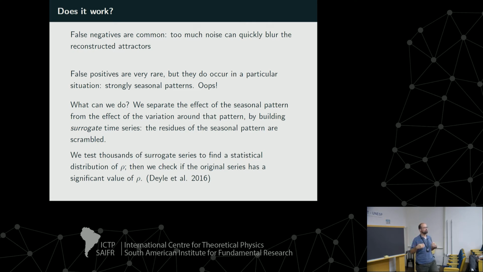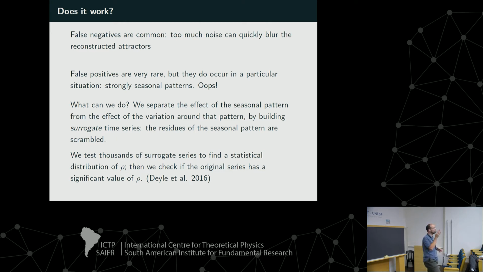And then I try to build alternative time series for what I think are my causal variables. So I build a lot of artificial time series, randomizing this variation around the seasonal patterns. I do thousands of time series, and then build a distribution of prediction skills.